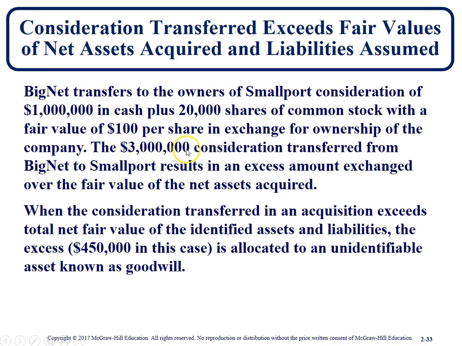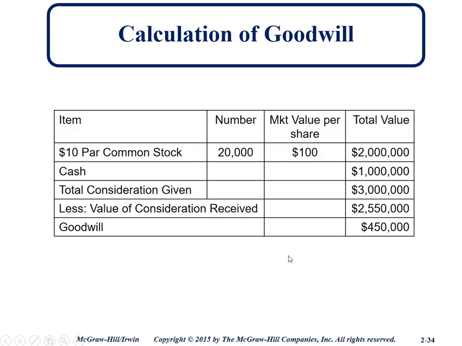So the difference between the $2,550,000 of fair value and the $3 million we're actually paying, which is $450,000, is going to be the goodwill, and that's how they got the goodwill.